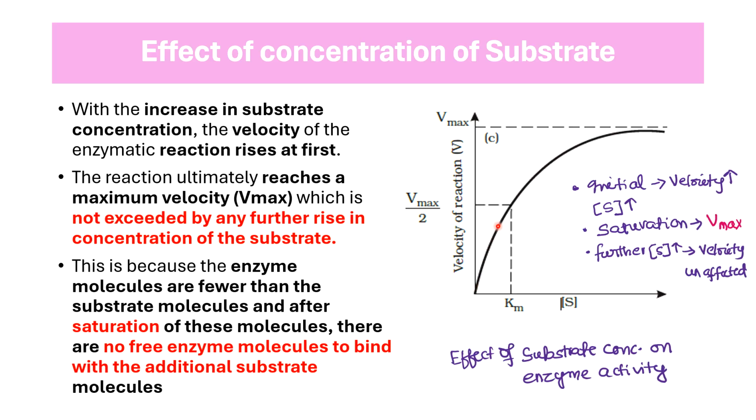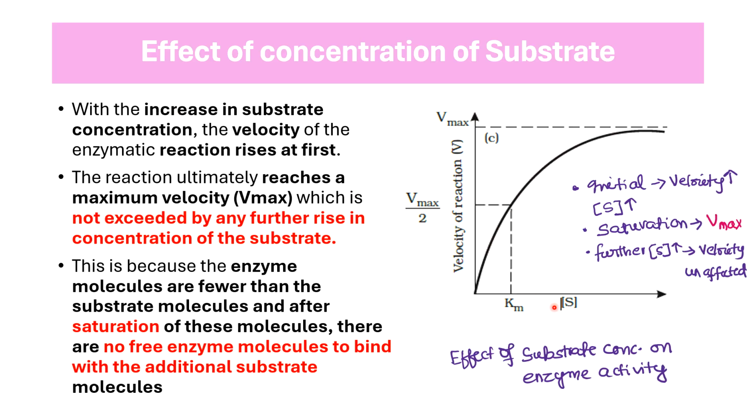The velocity is increasing, and it will increase up to a particular point at which you will get the highest activity. After that, it shows no increase in activity or the velocity of the reaction, however much more substrate you are adding, right? So why does it happen like that?